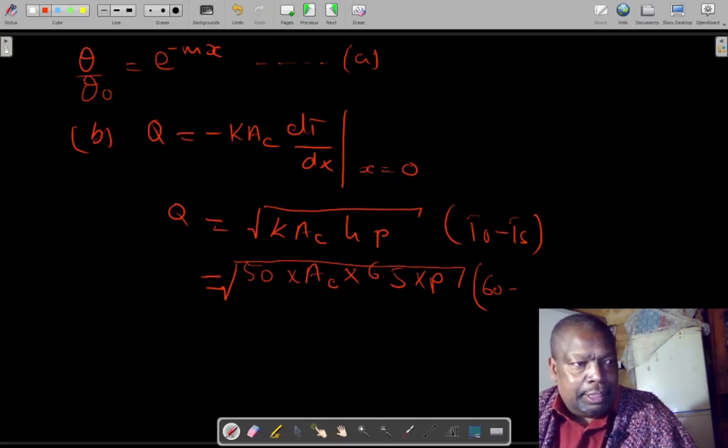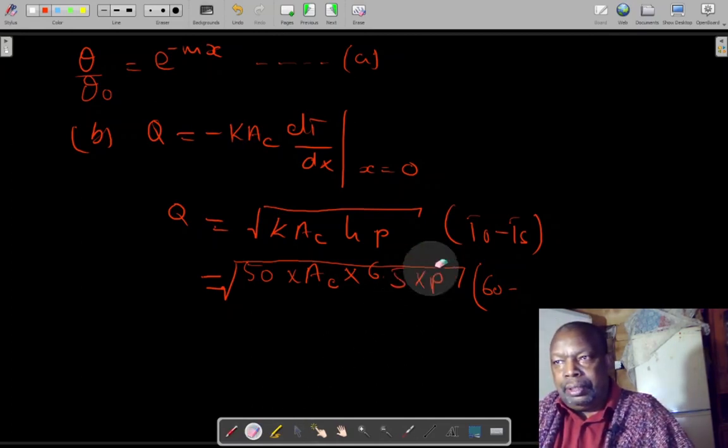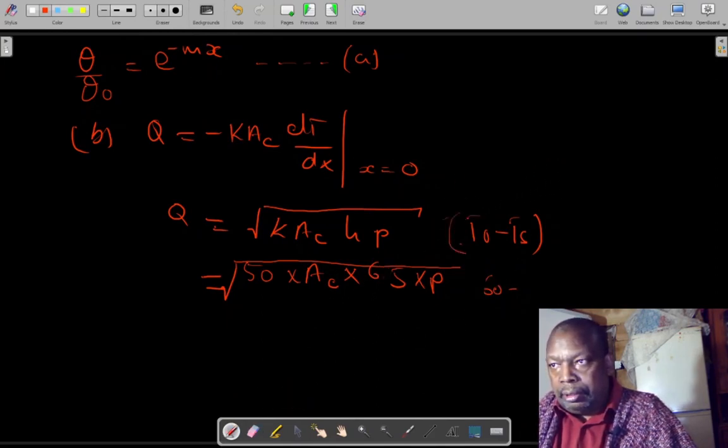The temperature rise, T naught minus Ts, is equal to 60.